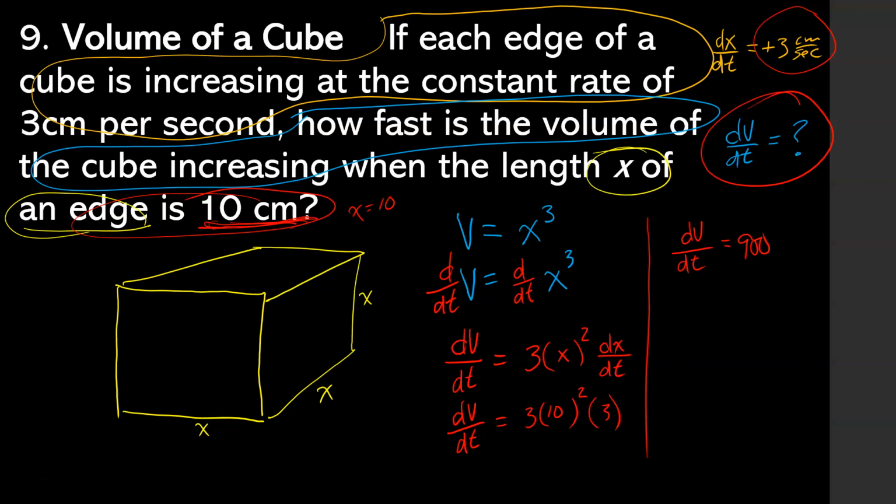Well, it's a change in volume over change in time, so centimeters cubed per second. If you're not sure how we got that, this 10 down at the bottom is 10 centimeters, and we're squaring that. This 3 is 3 centimeters per second, which means the units would be centimeters squared times centimeters over seconds. That's definitely centimeters cubed per second.